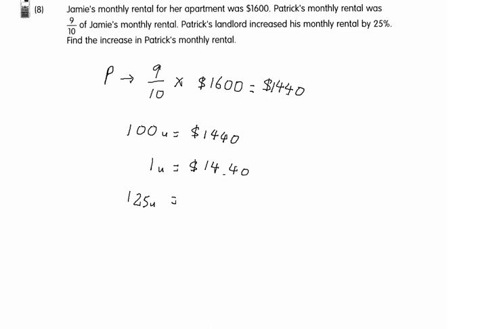So if they are asking for the increase, how many units am I looking at, Jack? 25 units. So it's actually $14.40 multiplied by 25, which equals $360.